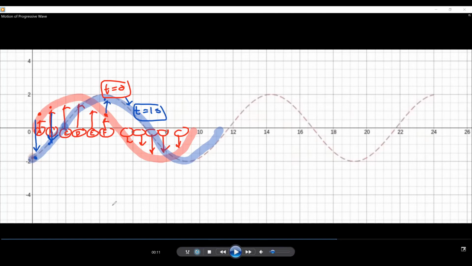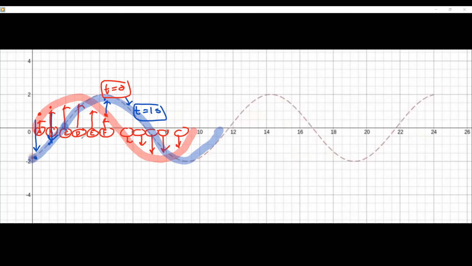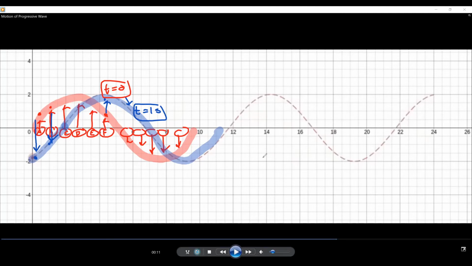All right. So when you want to see how a particle behaves once the wave starts to move, it is generally suggested that you draw a wave profile at the next instant of time, like what I've just done. That way, it will allow you to see where the particle is going next.